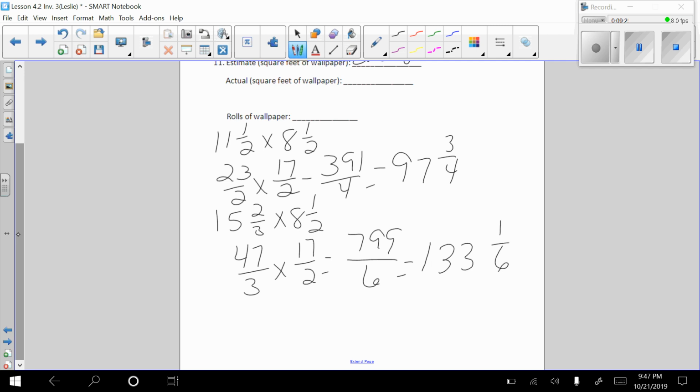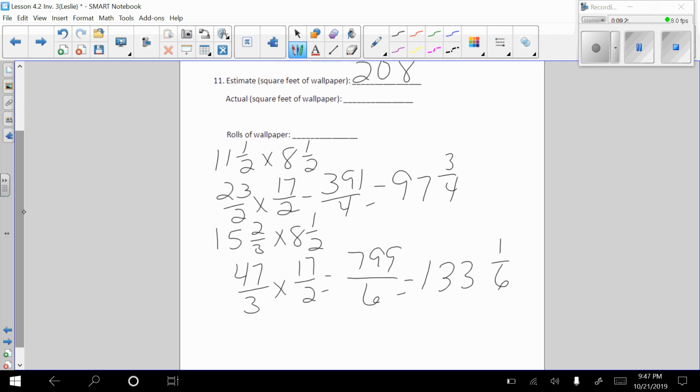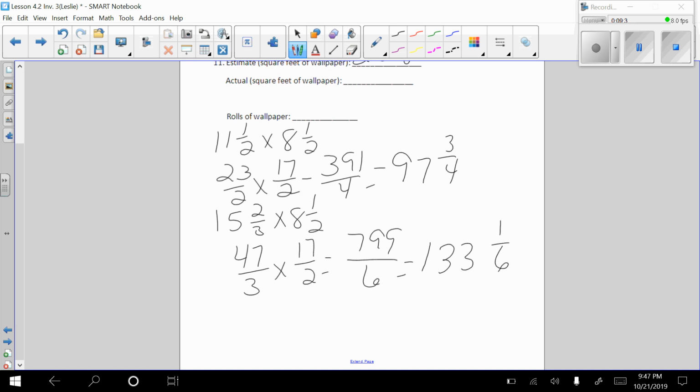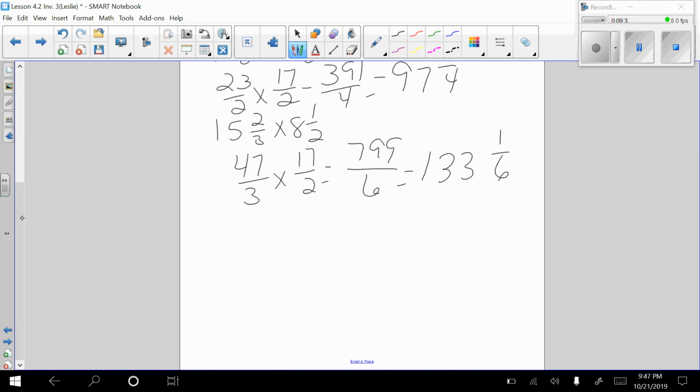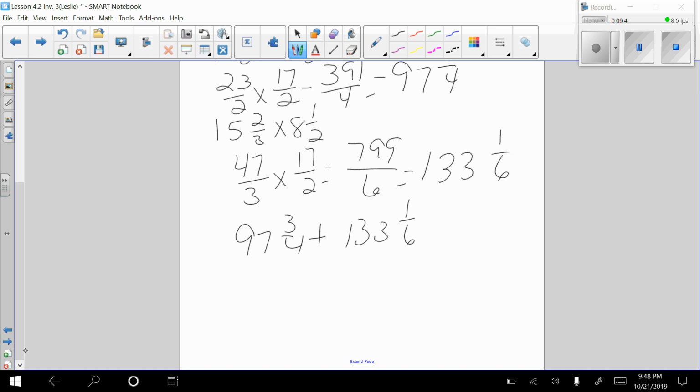If I wanted to find the actual feet, I would have to add them up. Now I would have to use my rules of common denominators, because I have 97 3/4 plus 133 1/6. I would have to find a common denominator of 4 and 6. I can use 12.